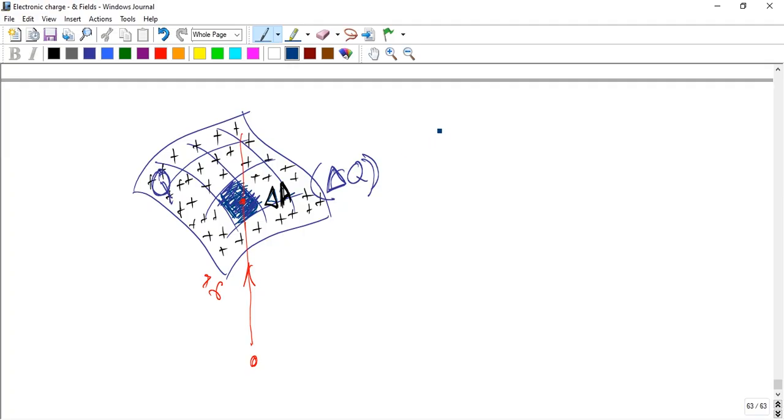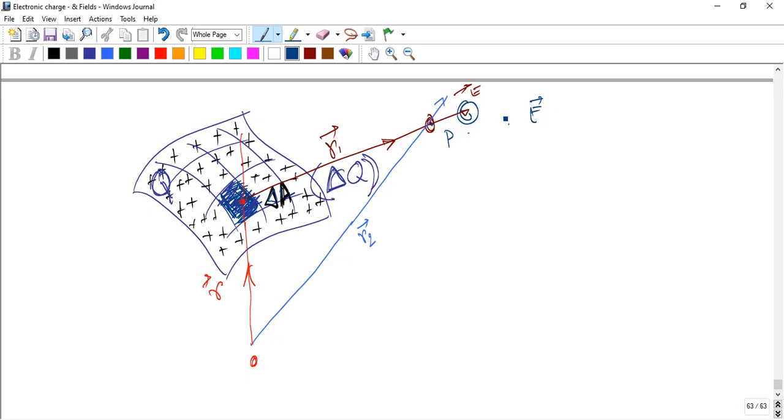Calculate the electric field at point P. The charge is positive, so the electric field goes in the outward direction, and the position vector of point P is R2. So the electric field here is E.